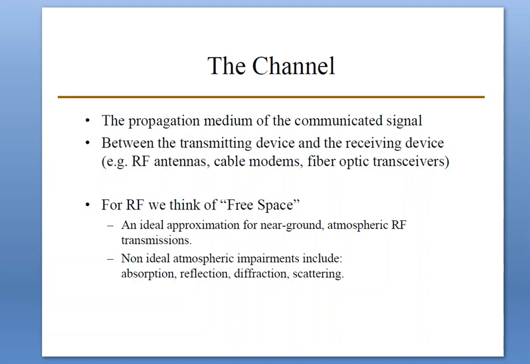In practice, propagation through an atmosphere and near the ground results in absorption, reflection, diffraction and scattering, which modify the free space transmission. Atmospheric absorption is treated in the next sections.